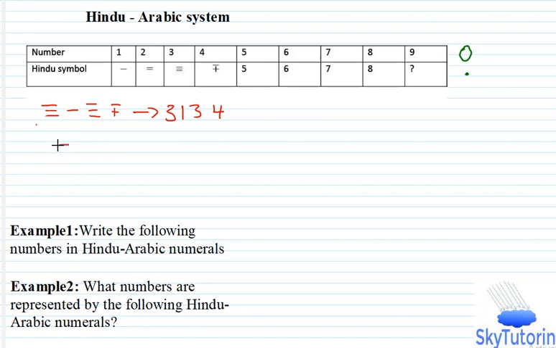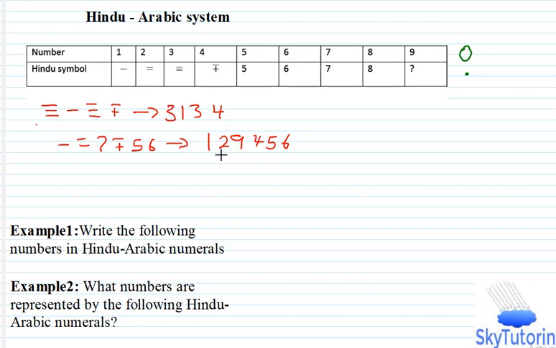Now, how about another example? Let's say we have this in our current day system. That will be 1, then 2, then 9, and then 4, 5, and 6.